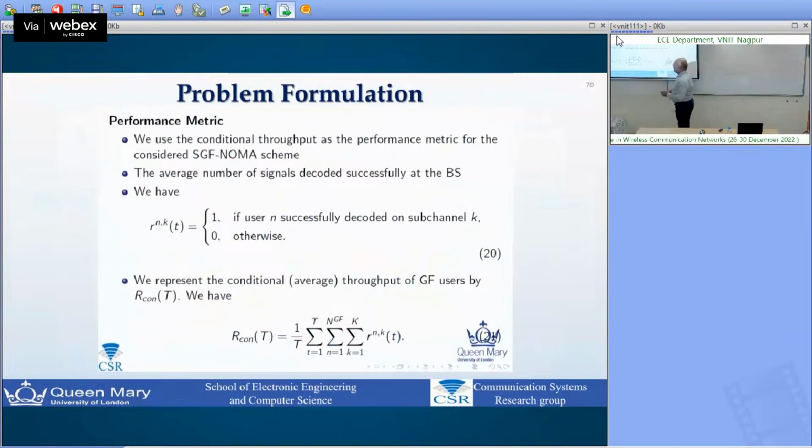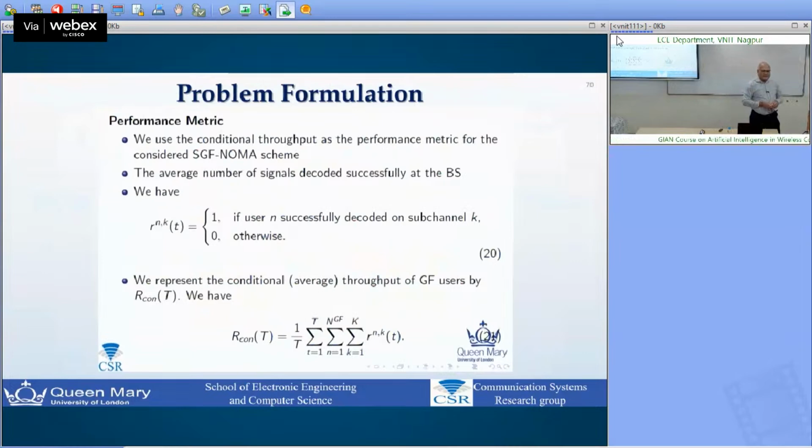Now we have the total number of grant-free users, the number of sub-channels, and a certain time slot, and we take an average. So this is the metric.